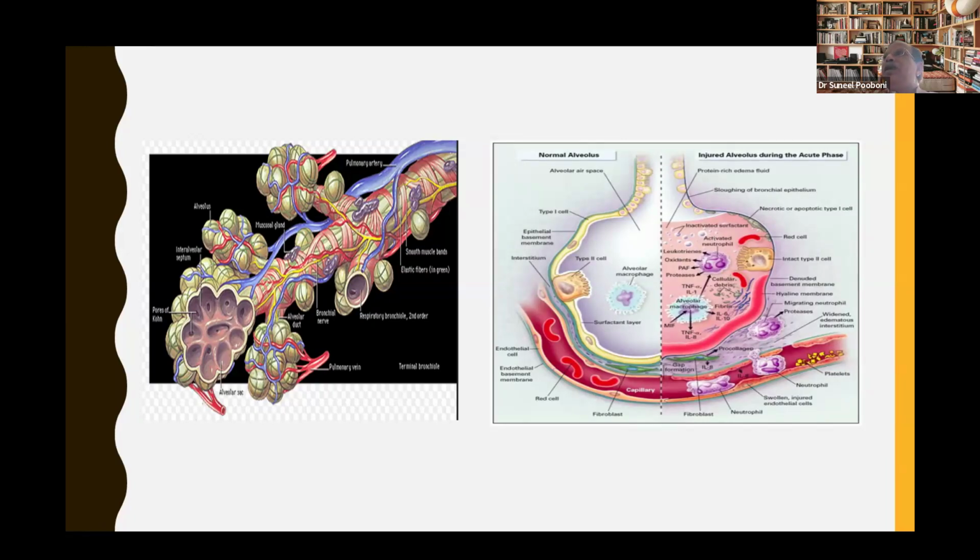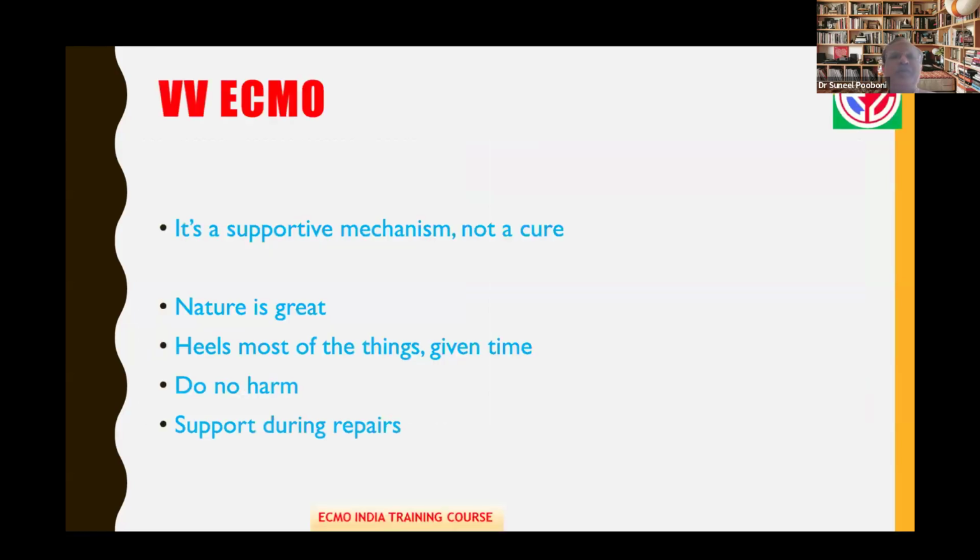So when only nearly 30% of the alveoli are affected, we can treat them without the need for oxygen, with antibiotic therapy, chest physio, etc. But when the percentage of the alveoli getting infected increases more and more, then the need for mechanical circulatory support will come, and towards the end, of course, is ECMO.